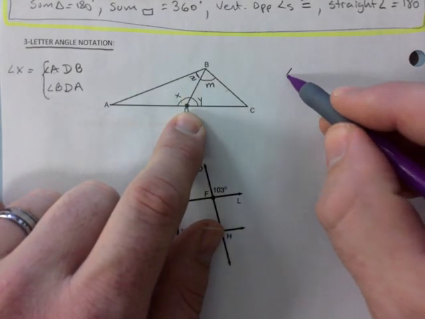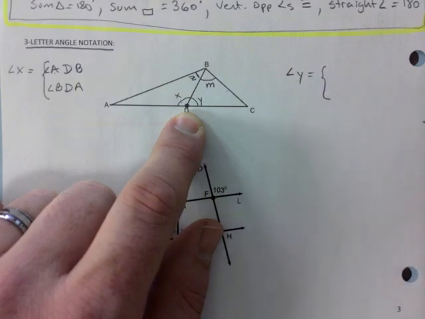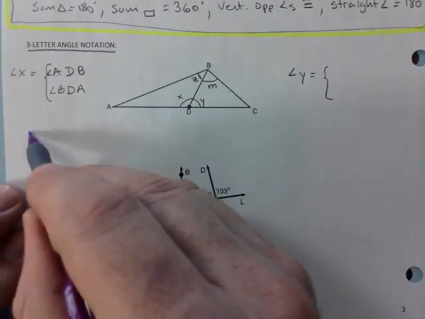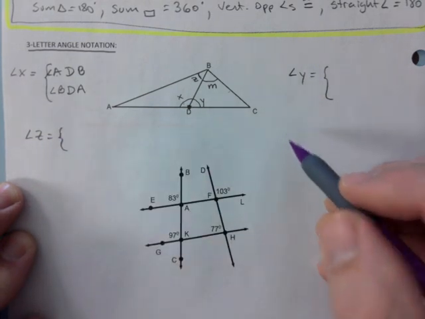So angle Y, how would you write that? And I want you to do the same with angle Z. Just a real quick refresher.